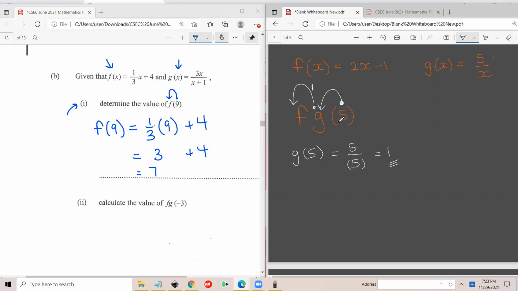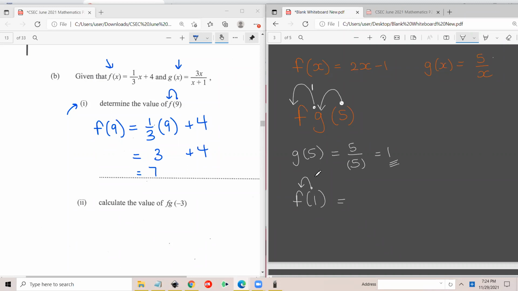So the 5 is no longer relevant to the question, which means if you get the first answer wrong, you're going to get the second answer wrong. So what we're doing now, we're really finding F1 because we're taking 1 and putting it into F. And only after you put the 1 into F, then you finish with the question. So it's like 2 questions squished together inside 1 question.